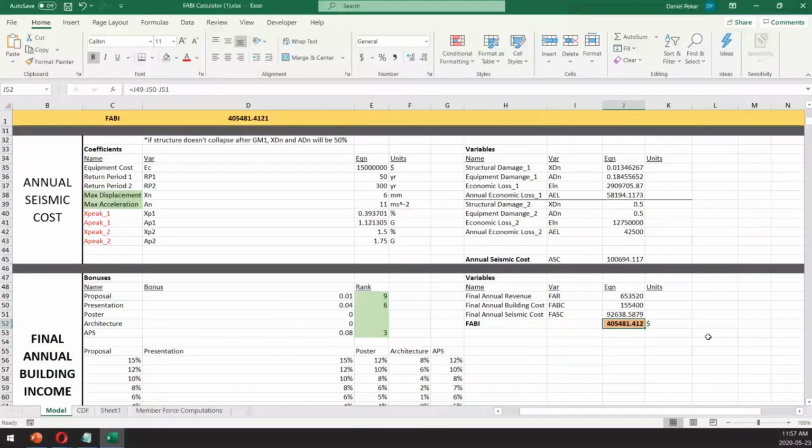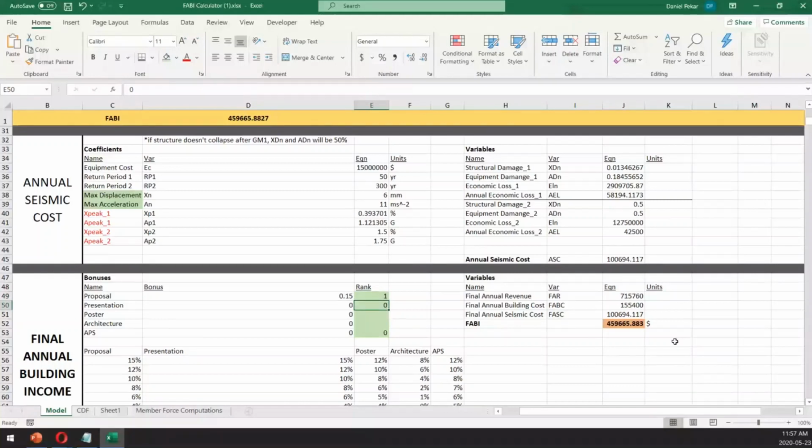But you can see, if I make all of these ranks 0, so we start with a base FABI of 366,000, and we get first in APS, it goes up by $12,000. If we get first in proposal, it goes up by almost $90,000, right? Which is huge.